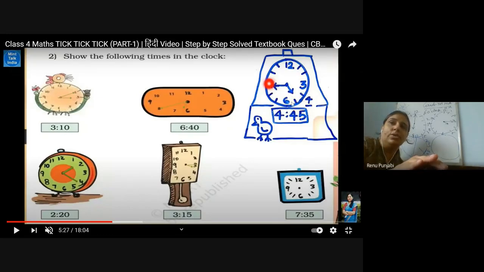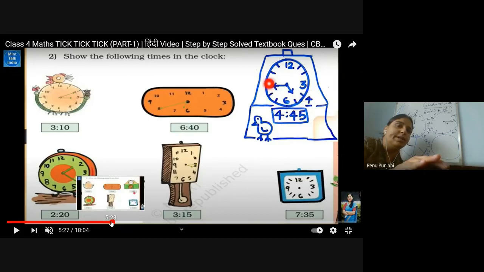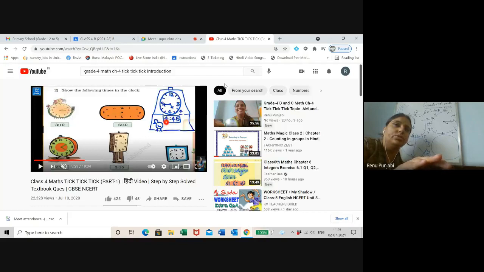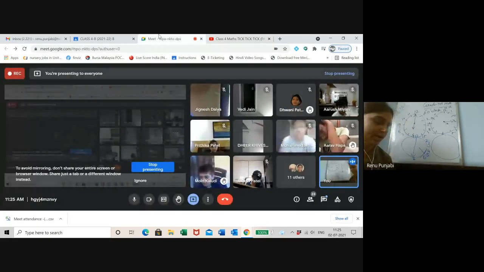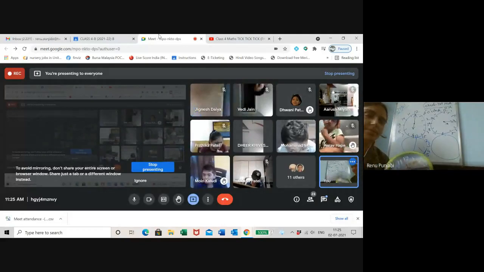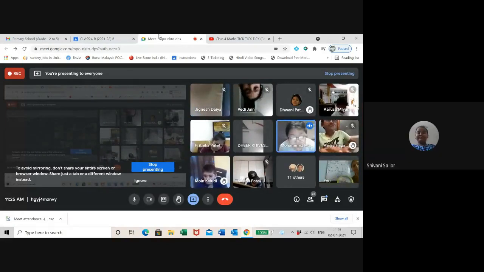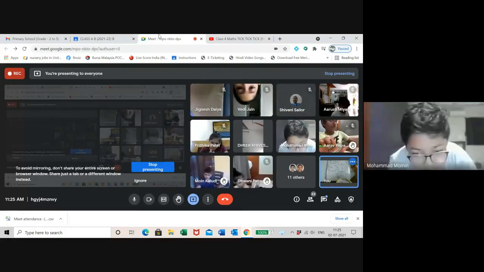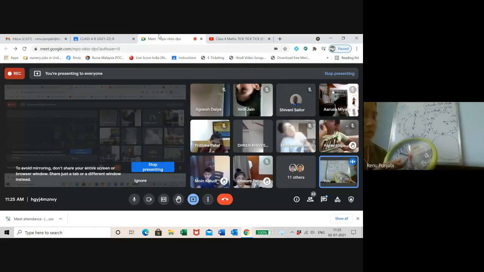It is a little closer to 5, but the long hand is exactly on 9. And when it is 2:20, where will the short hand be? It will be in between 2 and 3.